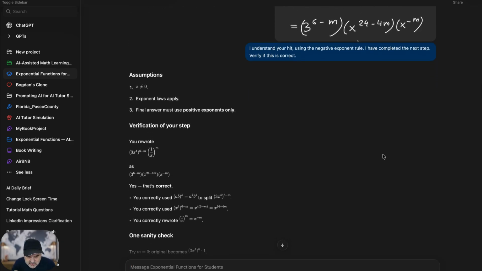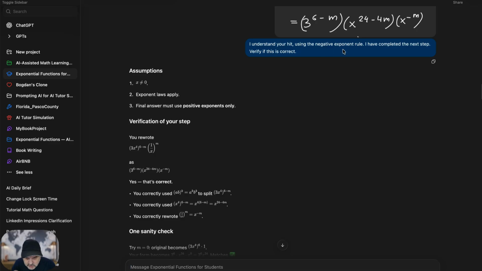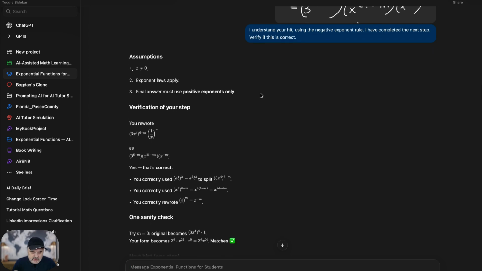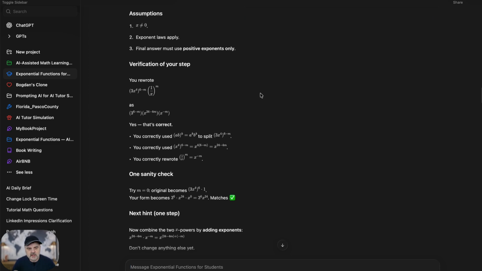Now I said, I understand your hint. Using the negative exponent rule, I have completed the next step, verify if this is correct. So the machine, as it is programmed for this particular conversation, comes back with stating assumptions and restating what I wrote, and then confirms that this is correct.